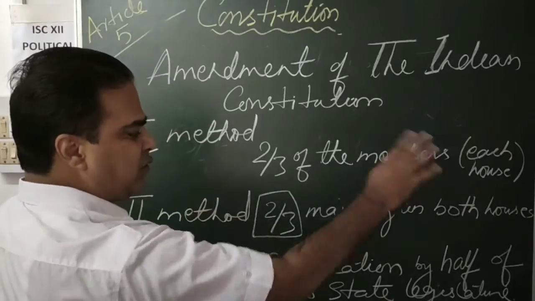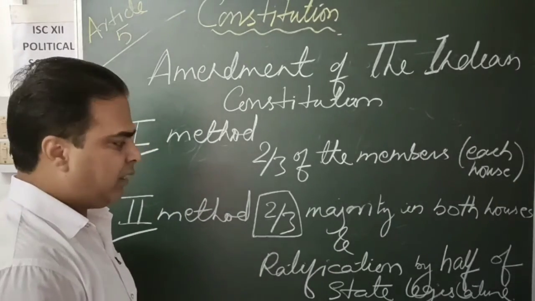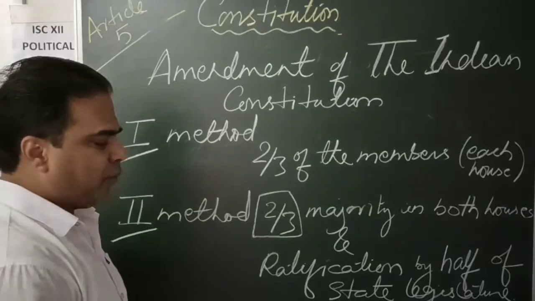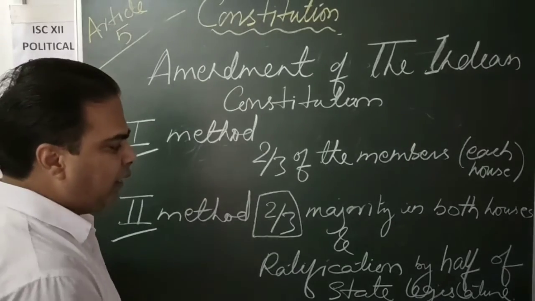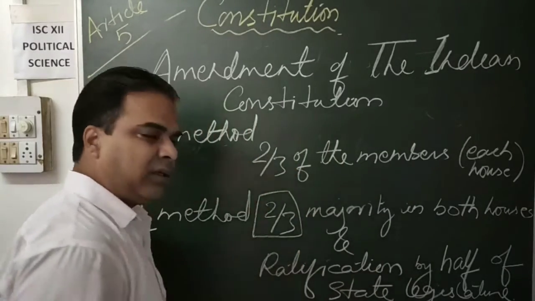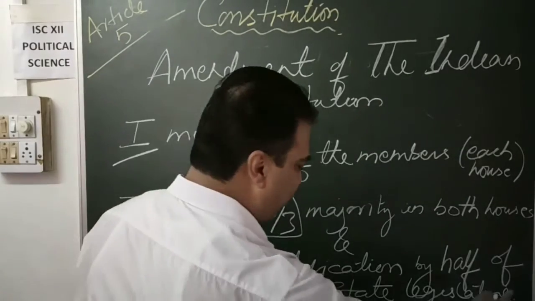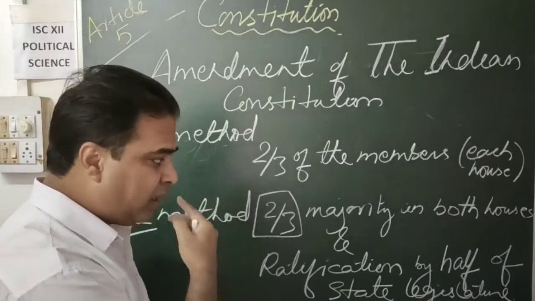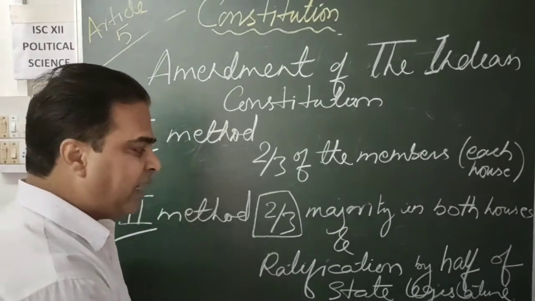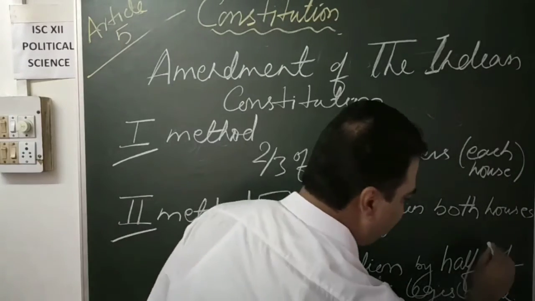If they agree to pass a resolution or motion for amending the bill, then it will move on to the second stage, not the method, the second stage, where it needs to be ratified by the states. How many states? Half.